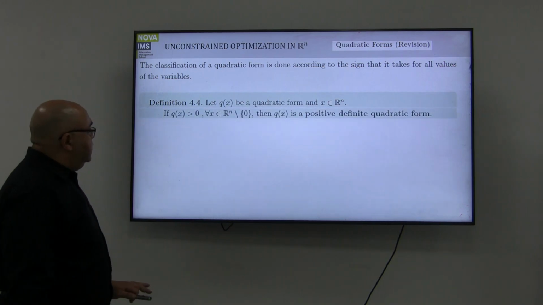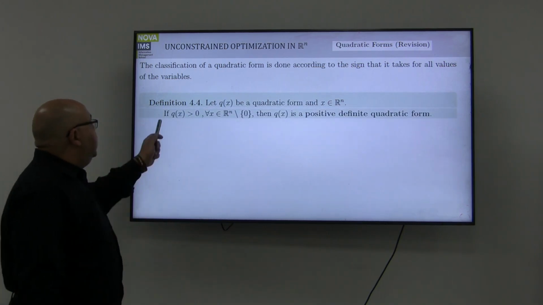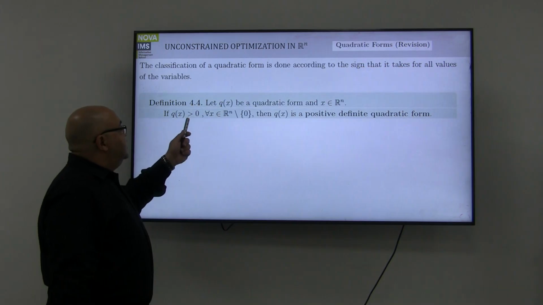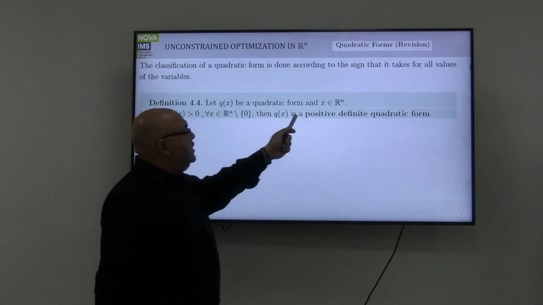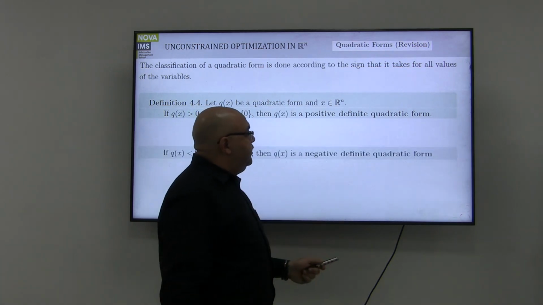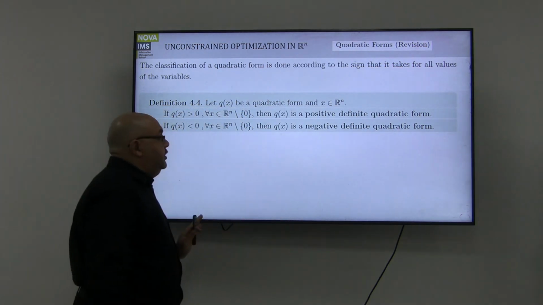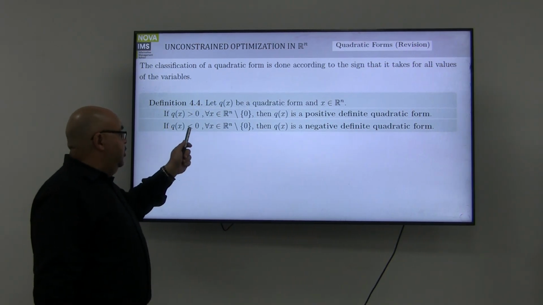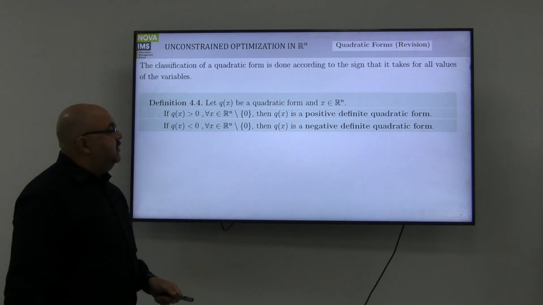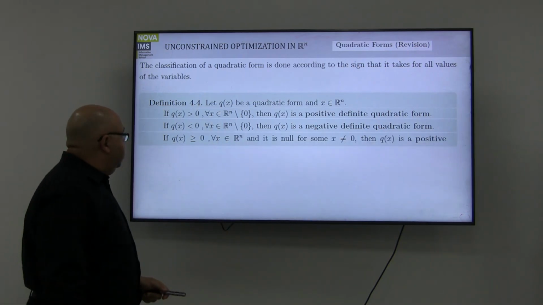Now for Q(x), if the quadratic form is greater than 0 for every x belonging to a set other than 0, then Q(x) is a positive definite quadratic form. The identification of the type is really very important. If Q(x), the quadratic form, for every point is less than 0, then Q(x) is a negative definite quadratic form.